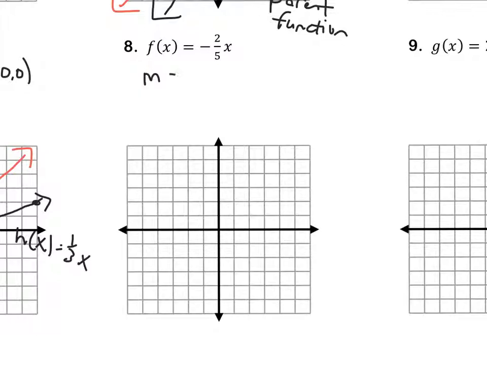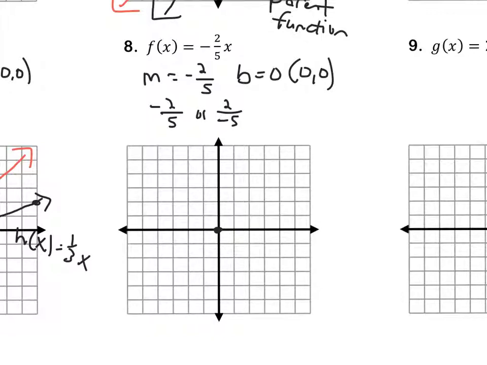Here I have the slope of -2/5, and my b is 0, which means I will start this at 0, 0. And it's a -2/5. So that means I either have a -2 over +5, or I have a 2 over a -5, but not both.